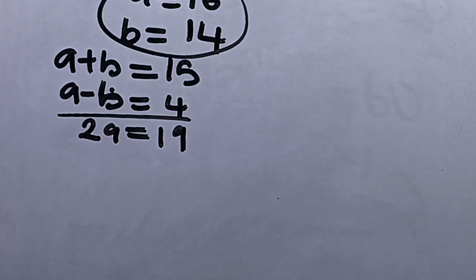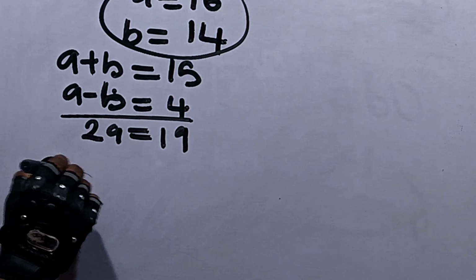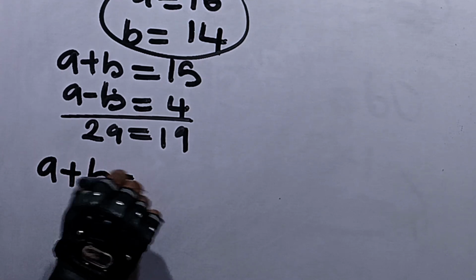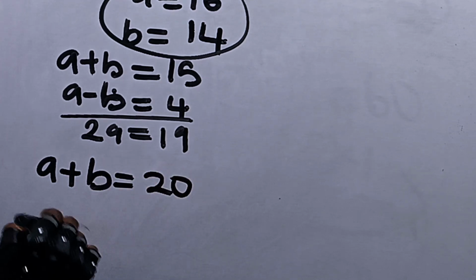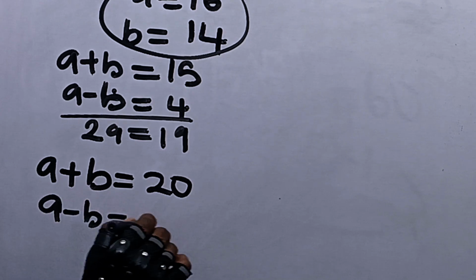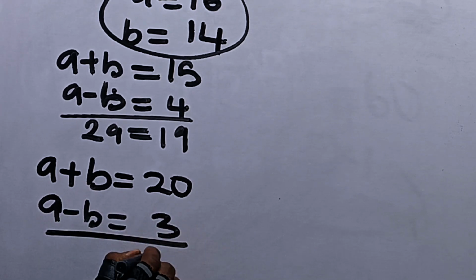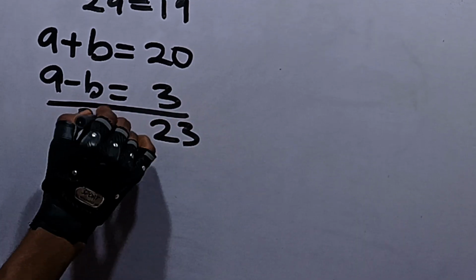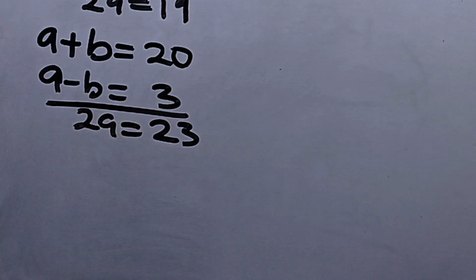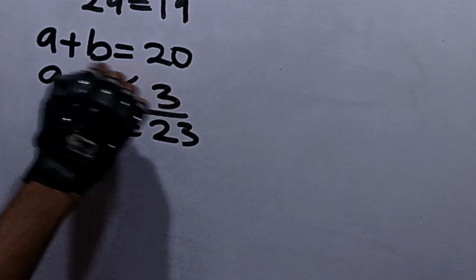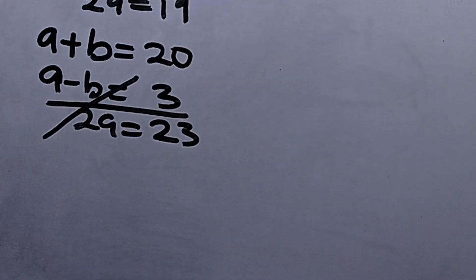For the third one, a plus b is equal to 20 and a minus b is equal to 3. Again, if you add this one, 2a is equal to 23, making a fraction. That means this one is ruled out, this one is ruled out, the first one is ruled out.